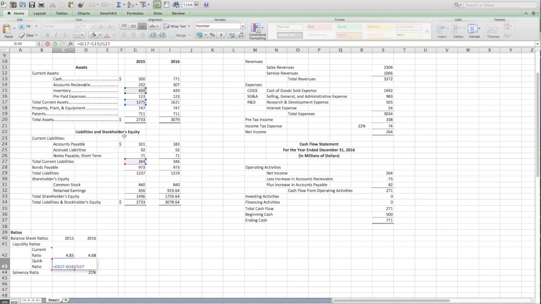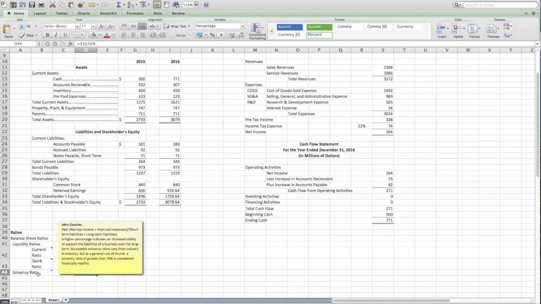You double click and it expands the formula, and then I'll just hit return. That's how the quick ratio is formed, and the same thing for these numbers here. It's just excluding the inventory and seeing if you still have enough money to pay your bills.